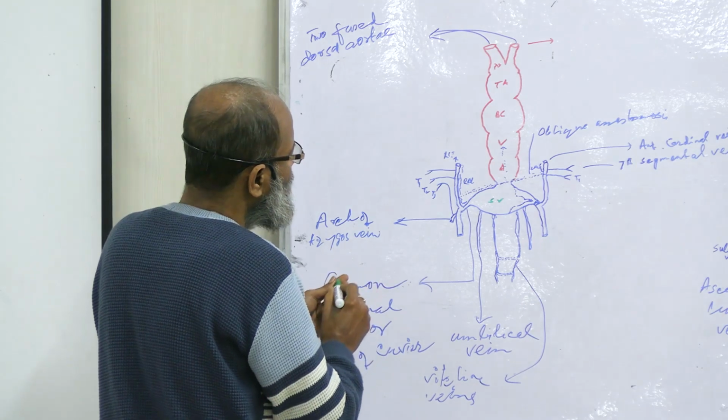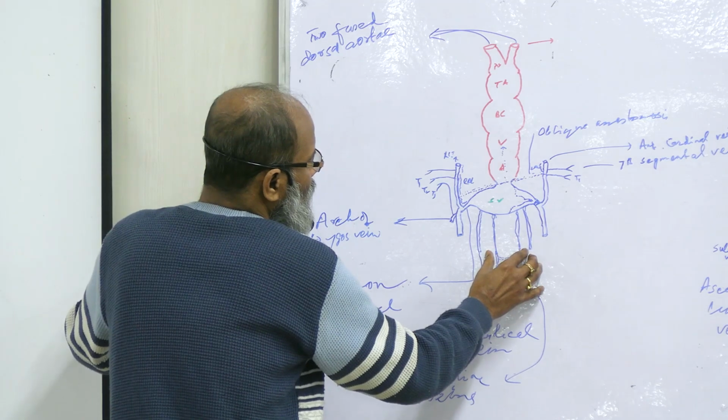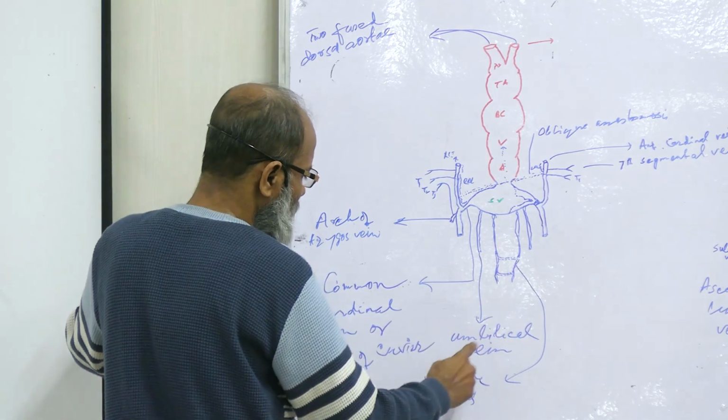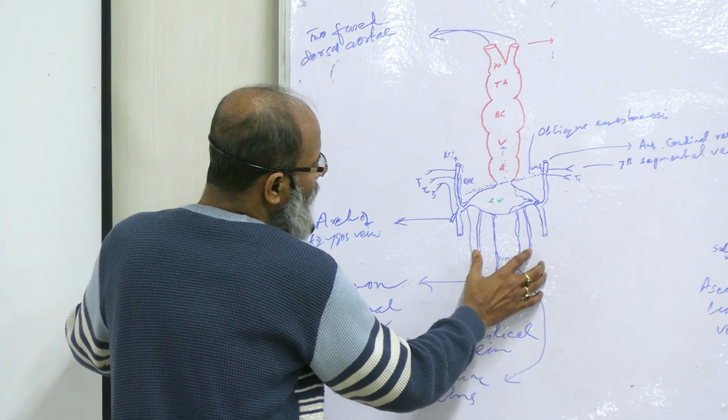Now you see, these are the vitelline veins, and these two are the umbilical veins.